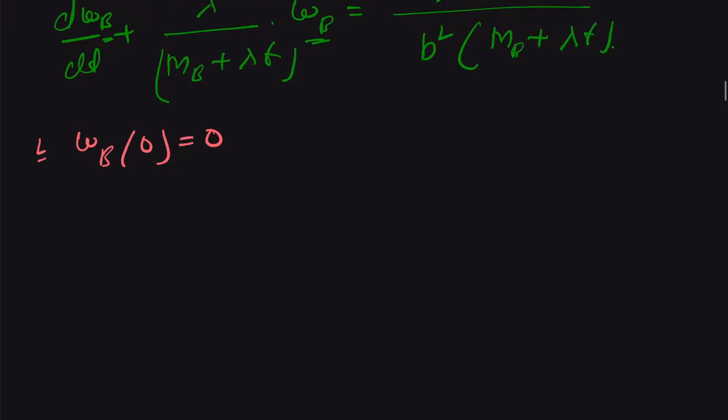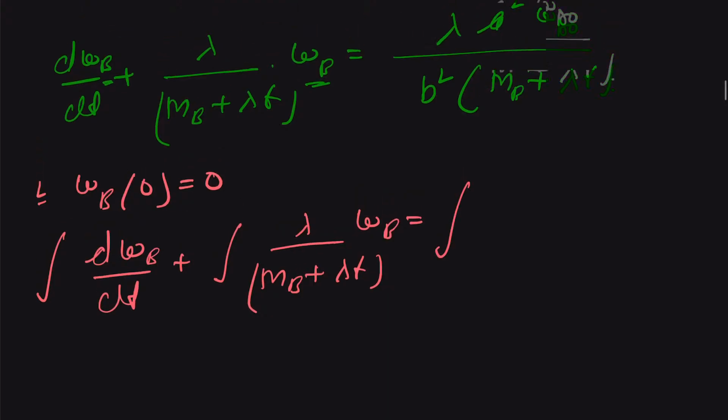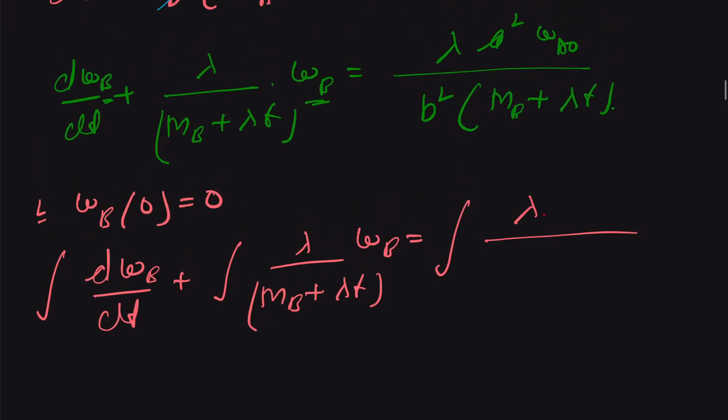So we can write this as integration of d omega b upon dt plus integration of lambda upon mb plus lambda t multiplied by omega b is equal to integration of lambda a square omega a naught upon b square mb plus lambda t, and we are going to integrate from 0 to t.